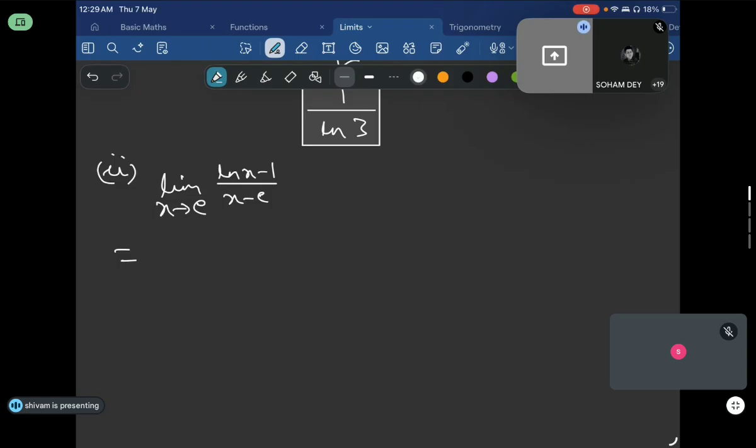So see, we can do it by standard form also, but over here differentiation seems easy. You can directly write it as 1 by x divided by 1. Now you substitute e. This will become 1 by e. Done.